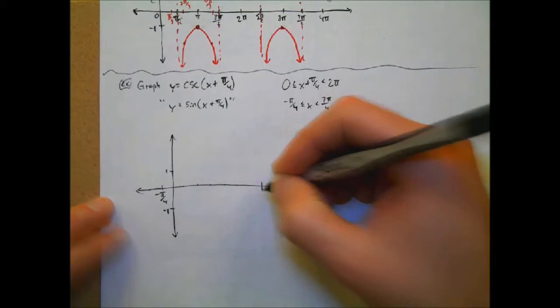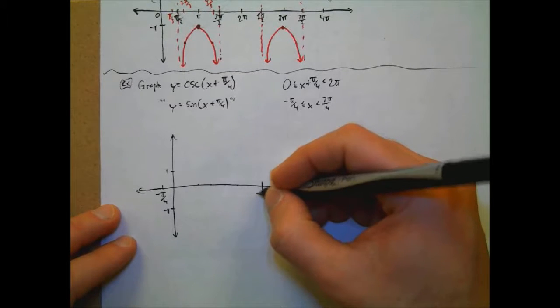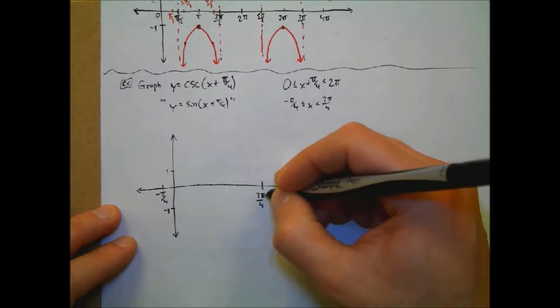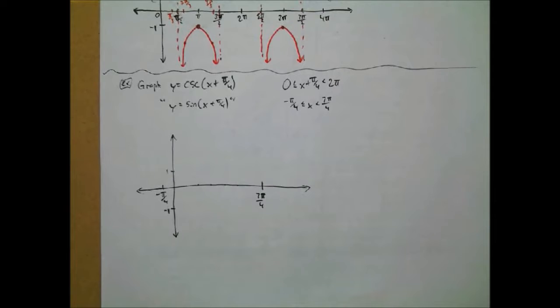So I'm trying to use the right kind of spacing there. It looks like I'm only going to be able to fit 1 full period in there. I can fix that though, and do 2 full ones here.